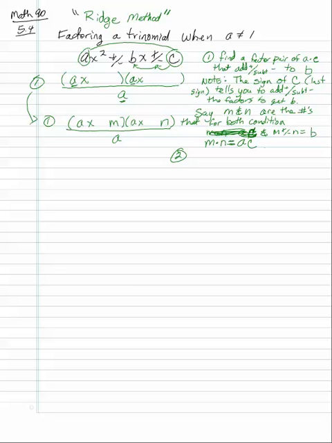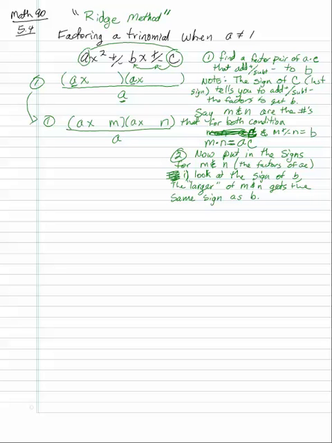Now your second step is you're going to put in signs for m and n. You're going to look at the sign of B, the middle sign.